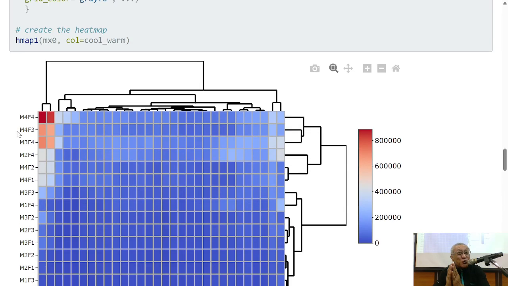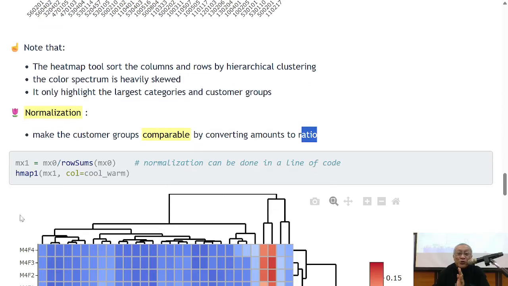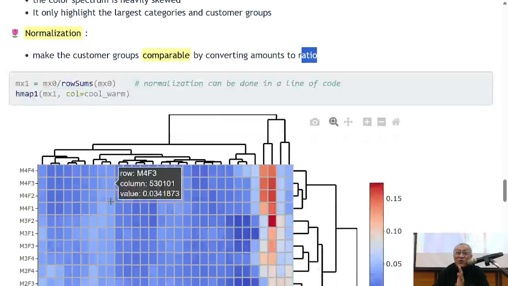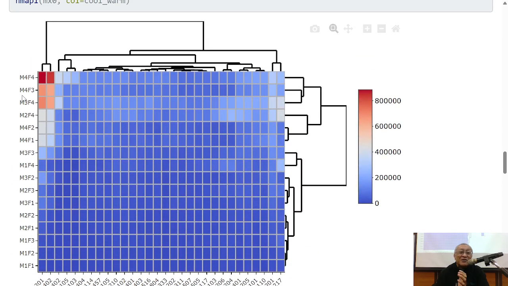But if you want to understand how the buying pattern varies among the customer groups, you had better do a normalization before you do the visualization. Do you get my point? Otherwise, if you directly compare the revenue, you always see a matrix like this. This visualization gives you no extra information, right?